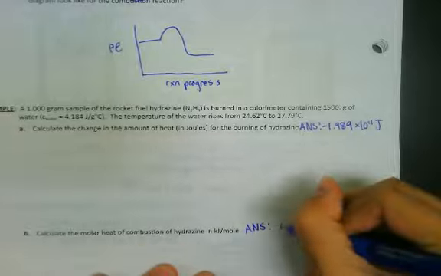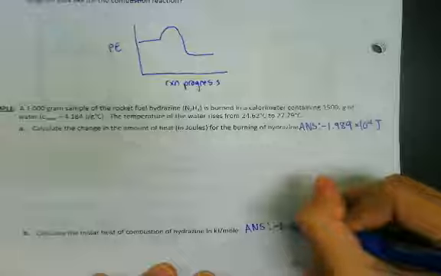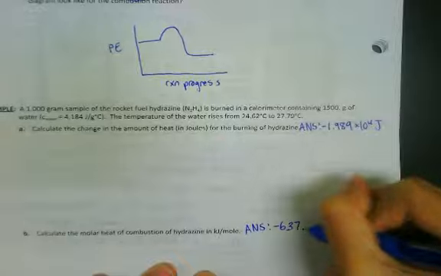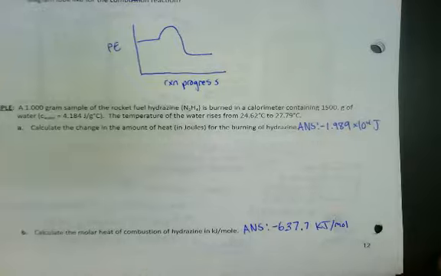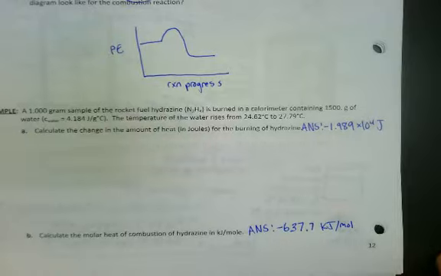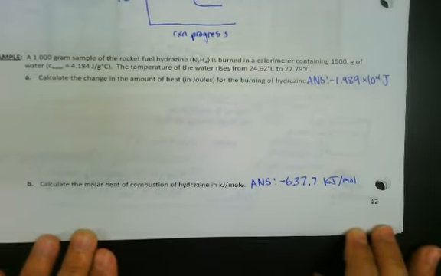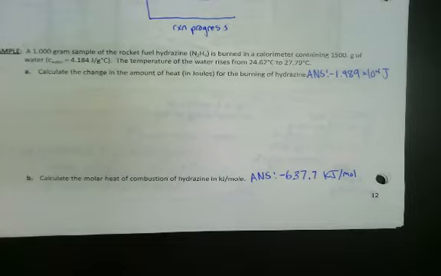And the answer to part B is negative 637.7 kilojoules per mole. So get those answers in so you can practice and check your work.